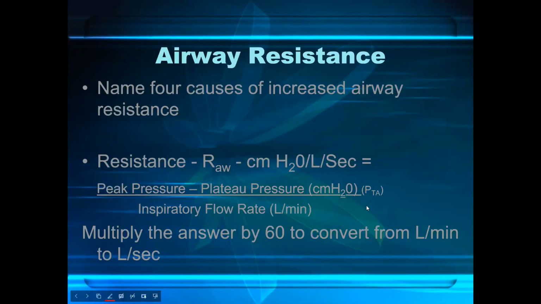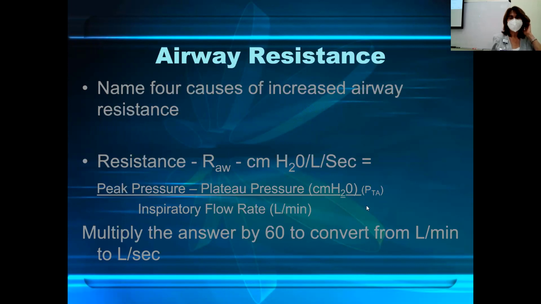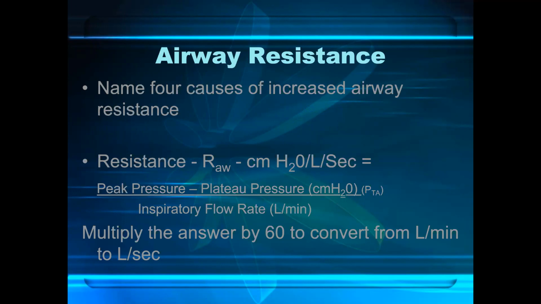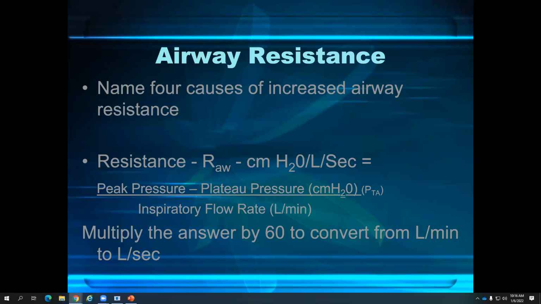For airway resistance, we have a formula, but before we go into the formula, name 4 causes of increased airway resistance. Karinja, can you give me a cause? Retained secretions. Incorrect ET size, and bronchospasm.